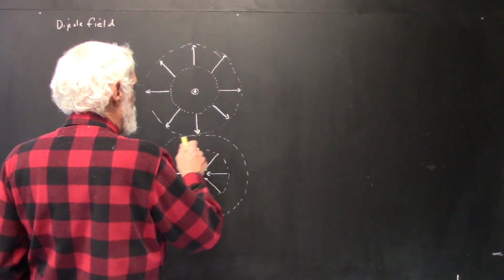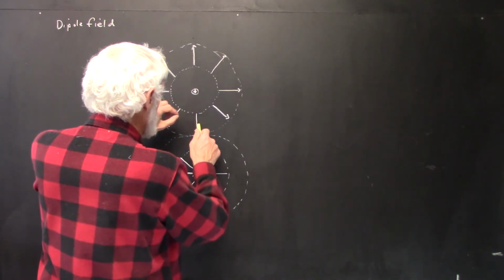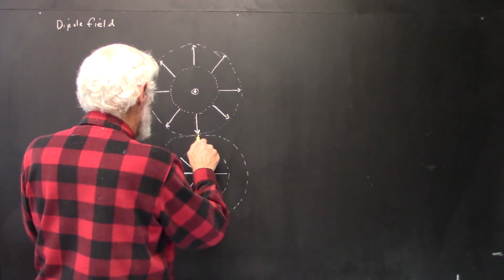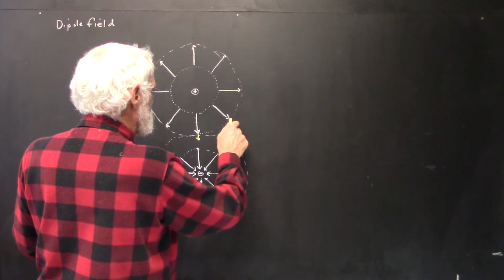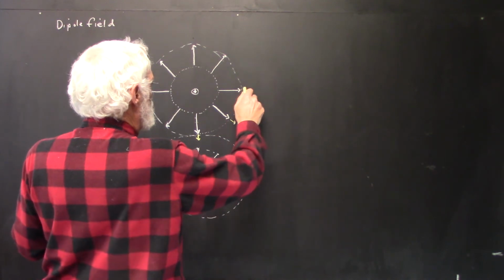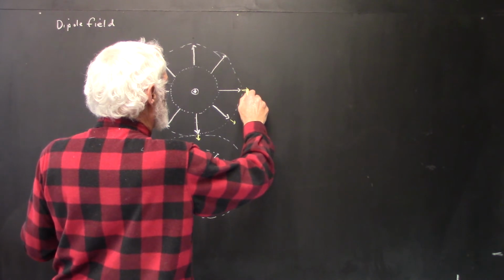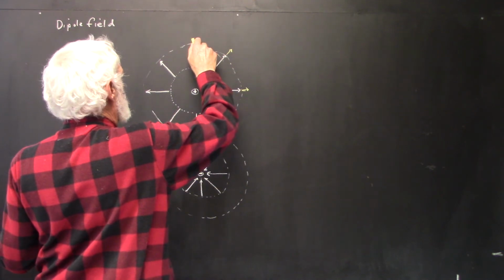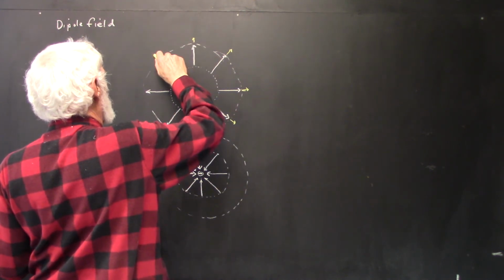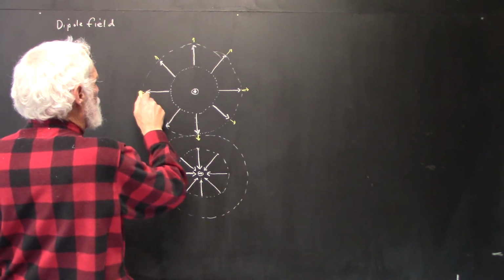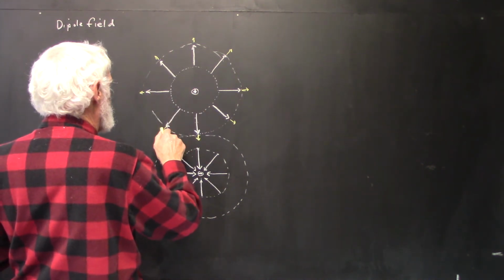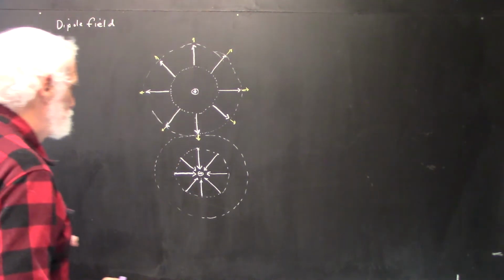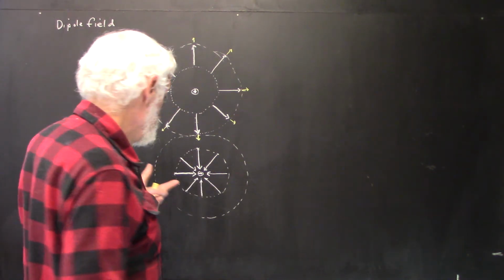So 1/4 of this length, let's see, we subdivide that in half, and then we divide that in half, we get a vector about this long. So these yellow vectors indicate the strength of the field and the direction due to the positive charge. And I'm going to draw purple vectors for the force due to the negative charge.